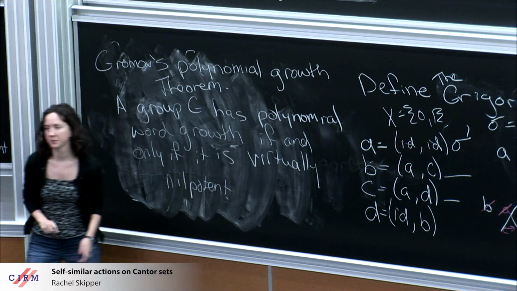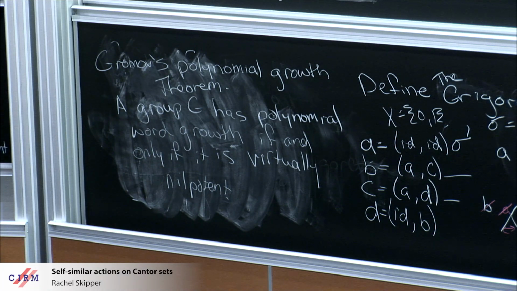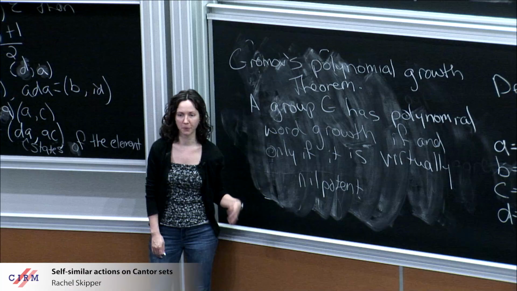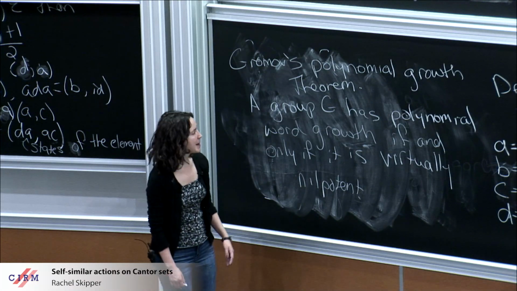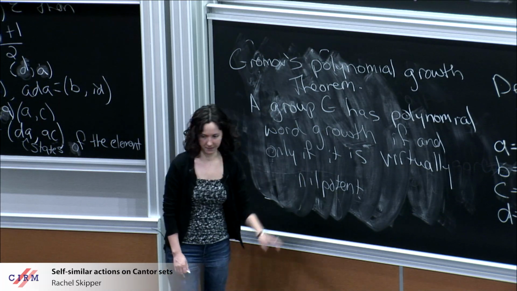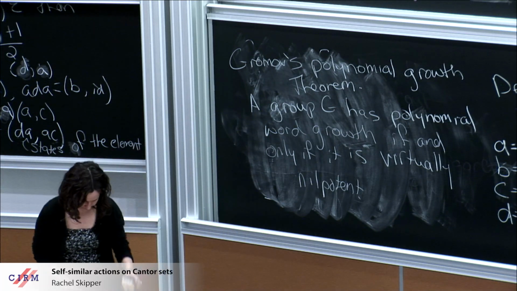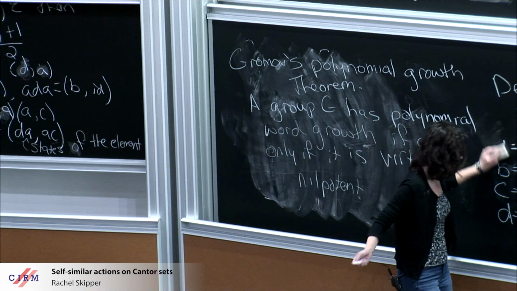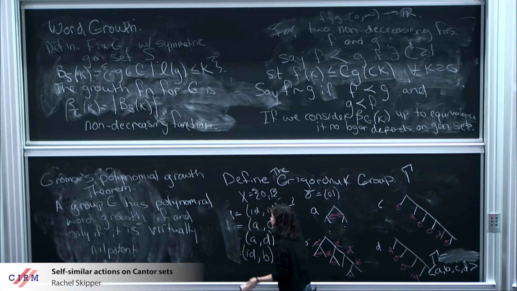This is one of these places where we see these properties of the Cayley graph are intimately connected with the algebra of the group. This was a hugely important theorem when Gromov proved it. And this gives us our first growth functions that can occur, these polynomial ones.